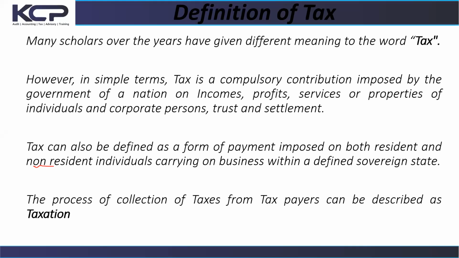It is important for us to stress here that even a day-old baby, provided it can be identified that there is income attributable to that baby, may be liable to tax. Our tax law is without respect of any person nor age. The primary condition to be fulfilled, whether you are liable or not, is if it can be established that you have earned a taxable income.